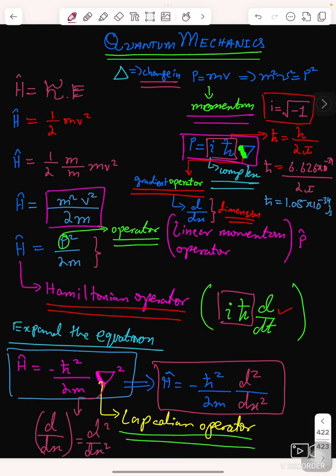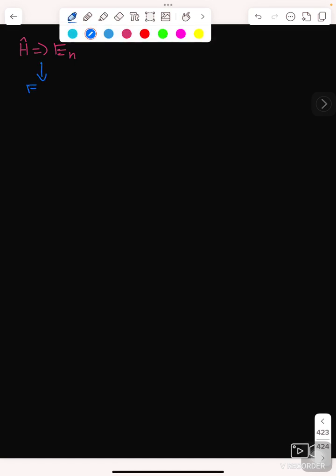I could have done the expanding in one go, but that would not give us a very good visualization of the equation. So now H, which is also known as E, because H is actually an energy operator. The Hamiltonian is an energy operator.